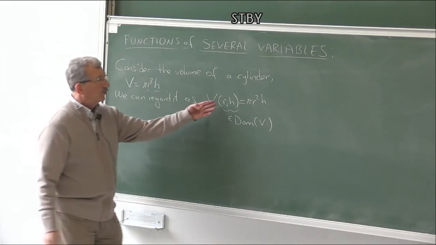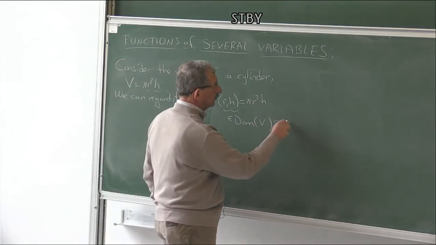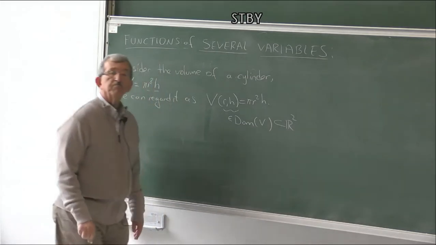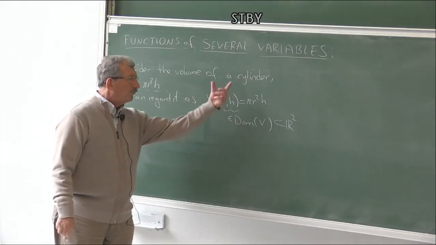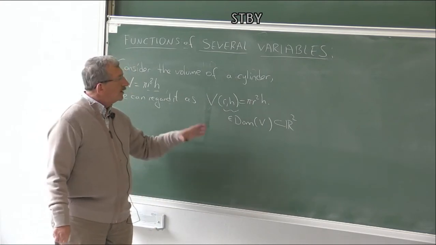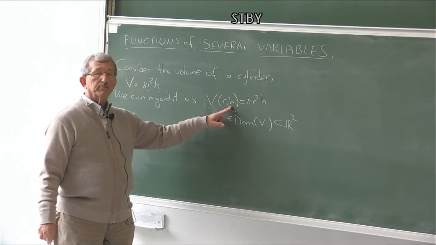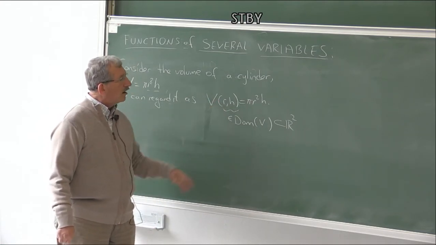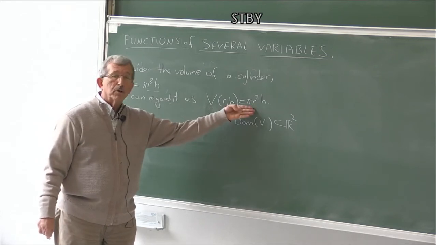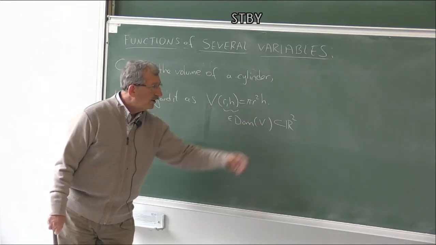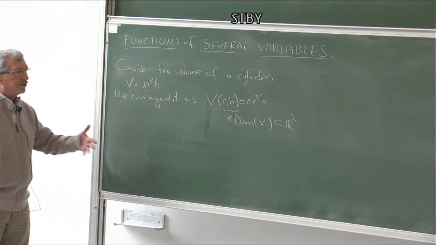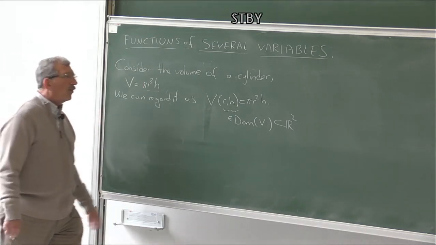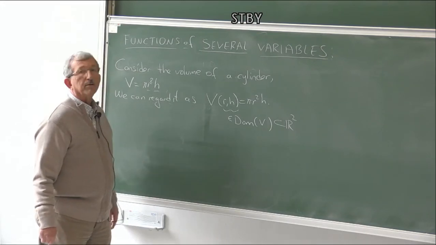Of course, in R2. So we take a point from R2, a pair, and put them in the equation. Clearly, the order is important, because if you change h and r, of course, you don't get the same volume. And so, indeed, this is an element of R2. It's an ordered pair.